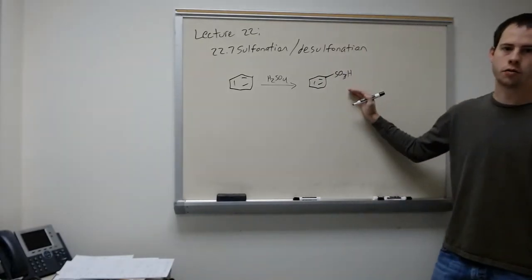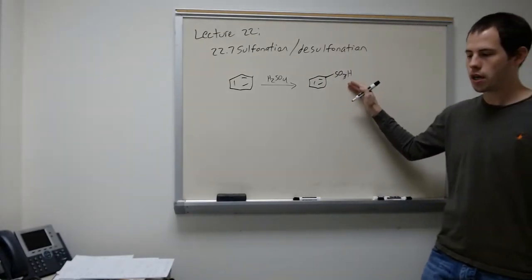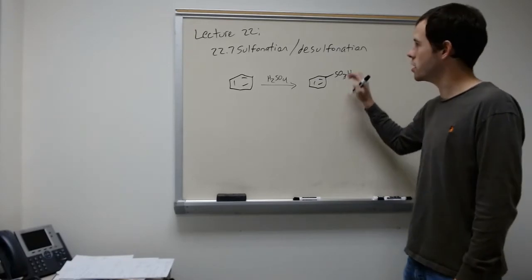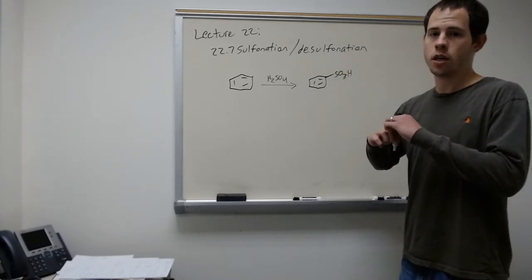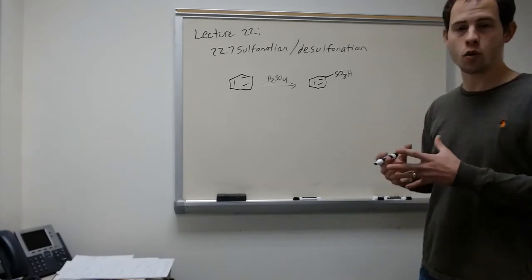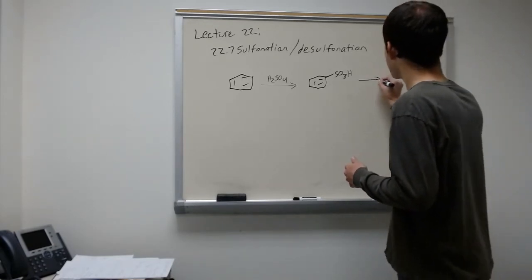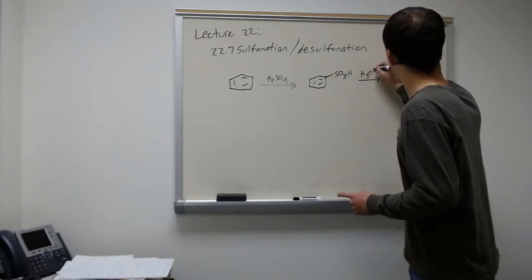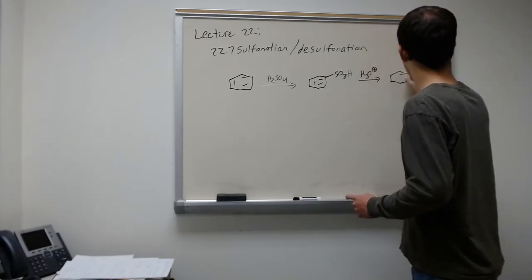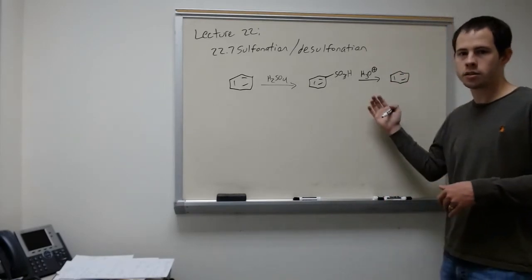So this is the sulfonation reaction. We get SO3H on there. And then desulfonation, this reaction is actually reversible. And so if we put in a bunch of water and acid, which I'll just write as H3O+, we can actually get back to the benzene ring.